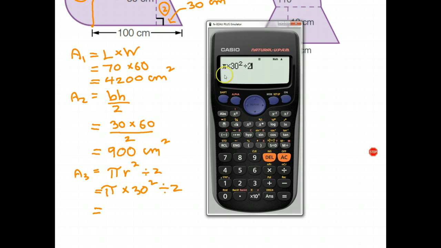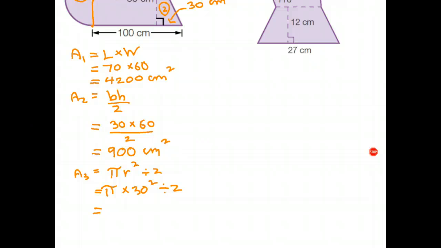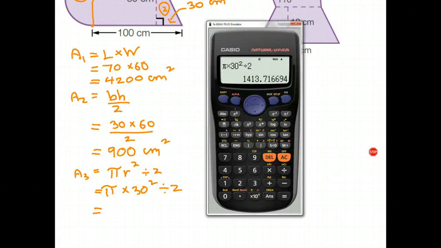Quick check: pi times 30 squared divided by 2. Yep, looks good. Equals. And we're rounding this to the nearest whole number in this case. I'll keep a couple of decimal places just to be sure. 1413.72. That one rounds up to a 2.